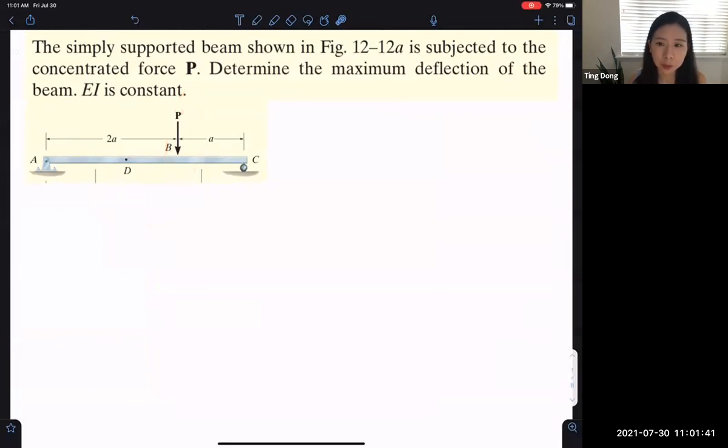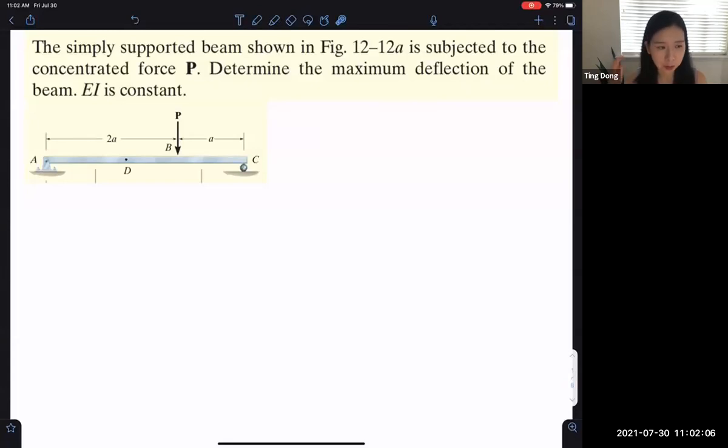In the previous two example problems, even with a concentrated force, we could use one section, and the bending moment M(x) as a function of x, one equation, was good enough to represent the whole beam. We integrate once to get theta, integrate twice to get y as a function of x, and then we apply boundary conditions.